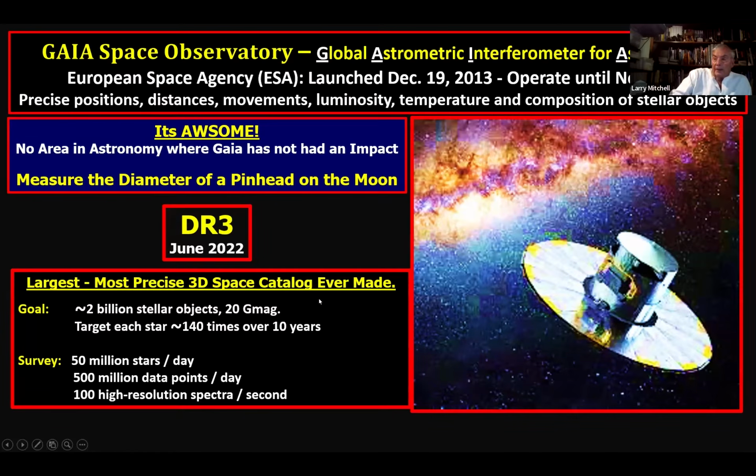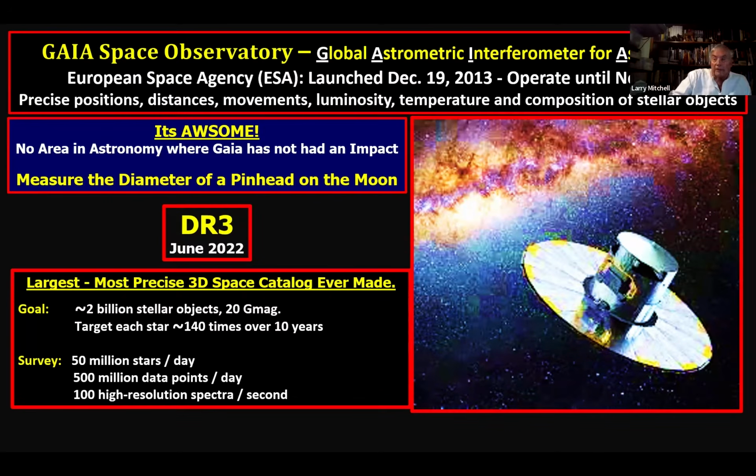The big increase in technology that we have seen was in 2013, when the Gaia Space Observatory was launched by the European Space Agency. This has rewritten astronomy as we know it.